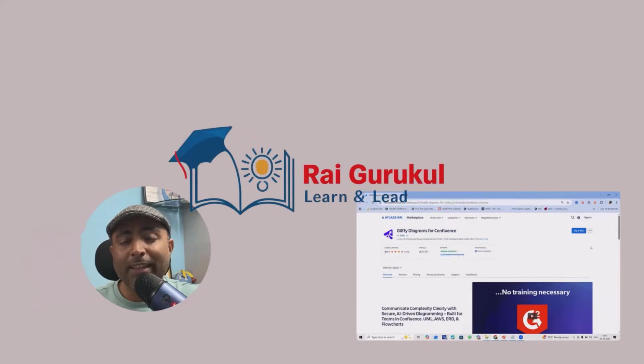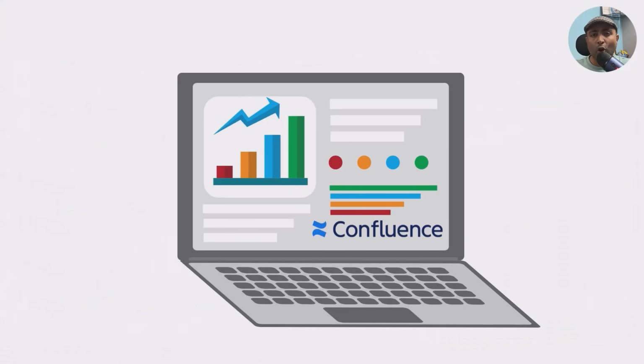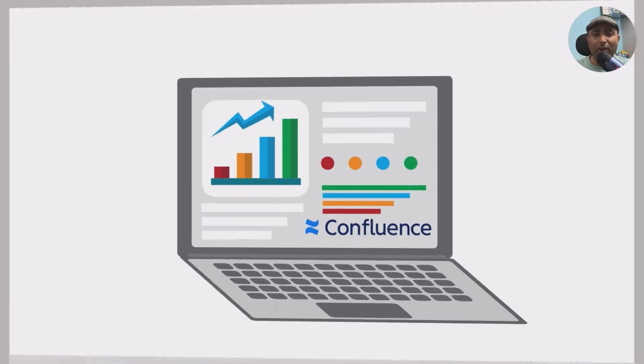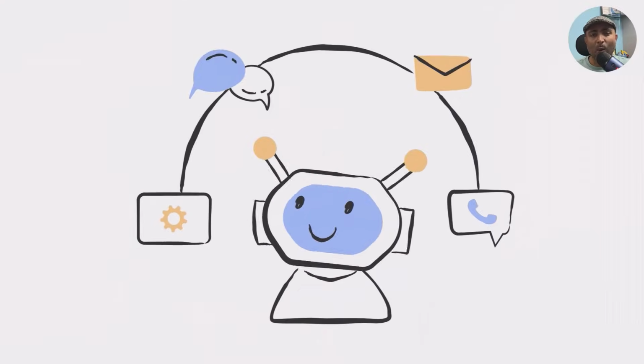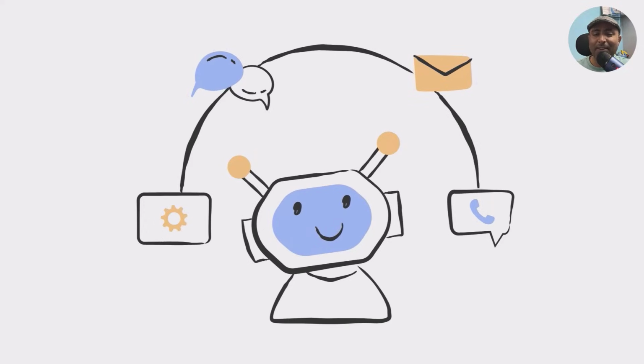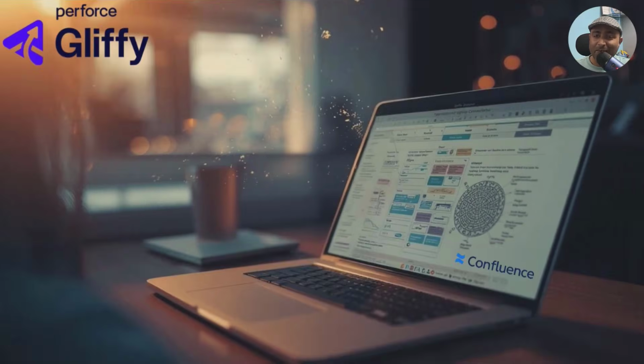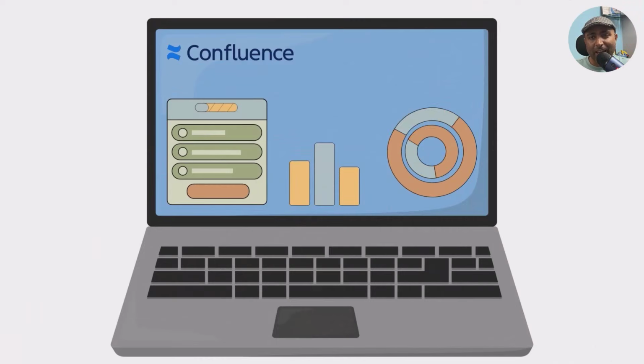If you're documenting complex screens, systems, or processes inside Confluence, you already know the struggle. Words alone cannot communicate everything clearly. That's where Gliffy Diagrams for Confluence becomes a game changer.